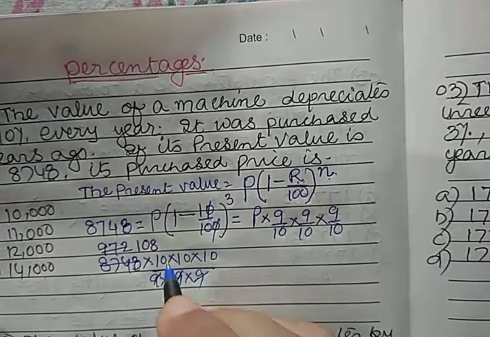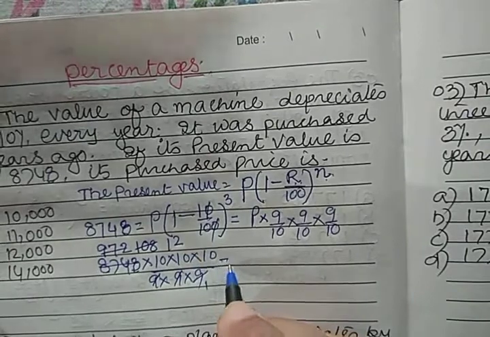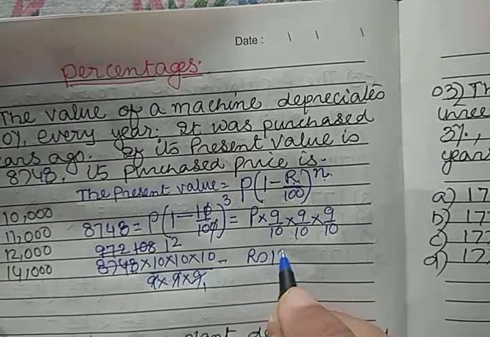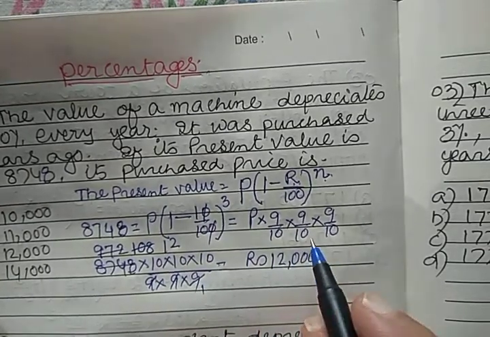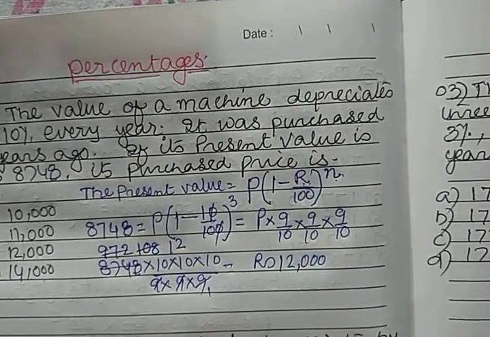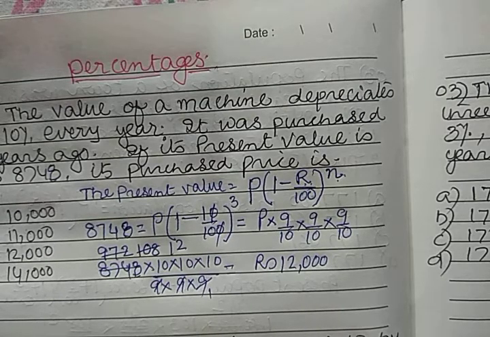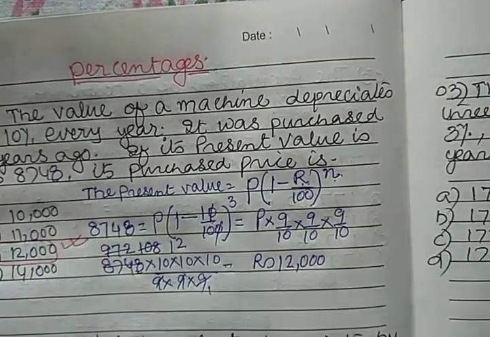Again this is divisible by 9: 9 12 ja. 10 into 10 into 10, 1000 into 12, 12,000. So the machine's cost was 12,000 when it was purchased. So your C is the right option.